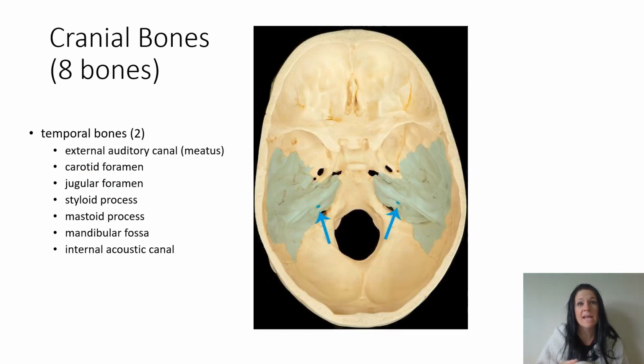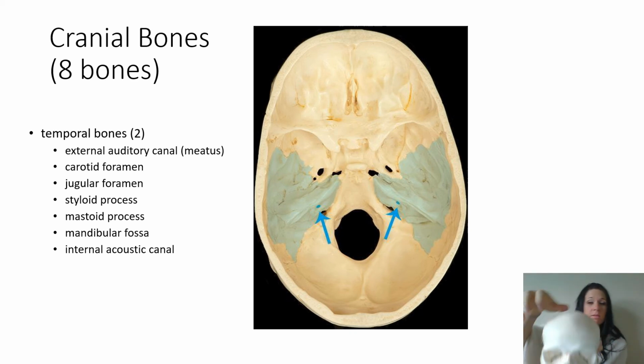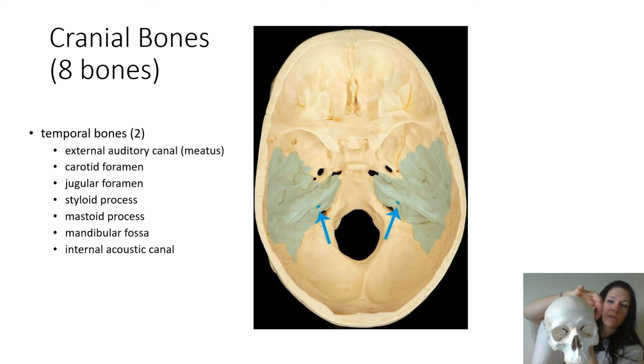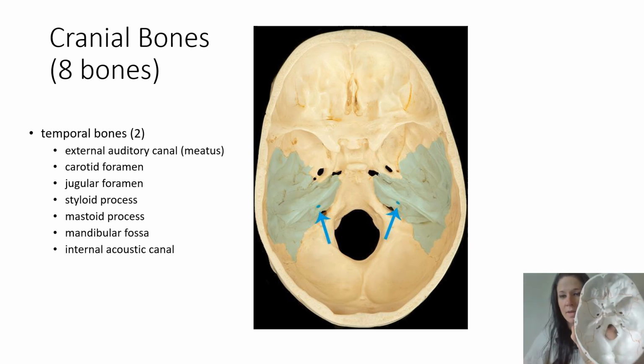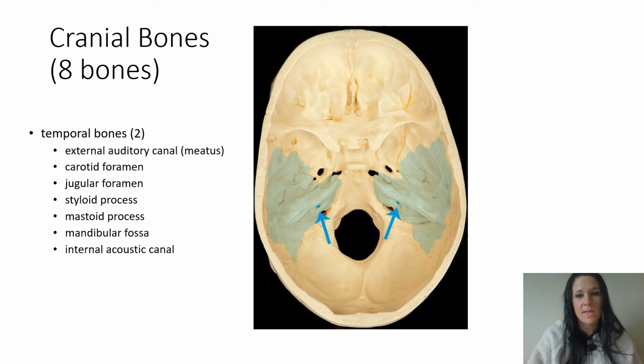Okay, so our last structure of the temporal bone is the internal acoustic canal. So to see this, we're going to have to look inside of the skull. So if you remove the skull cap and we're looking in, there's going to be this really thick portion of the temporal bone. Okay, so again, the temporal bone's highlighted in blue.